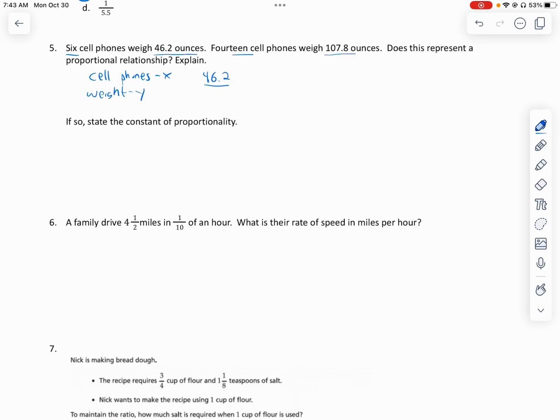So 46.2 divided by 6 is 7.7. 107.8 divided by 14 is 7.7. So yes, it is proportional because the ratios are the same. The constant of proportionality, or k, is 7.7.